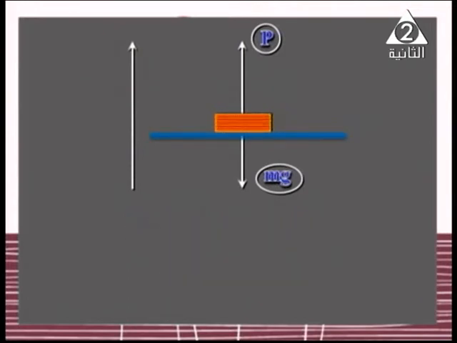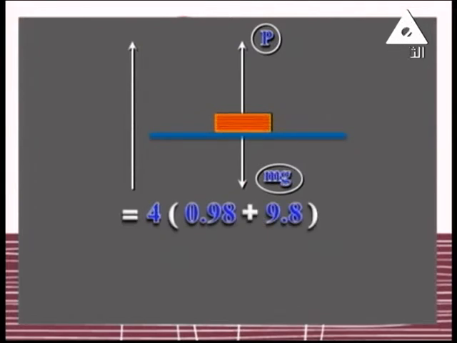B equals 4 times bracket. Converting centimeter to meter, acceleration 98 centimeter became 0.98 meter per second squared, plus 9.8.